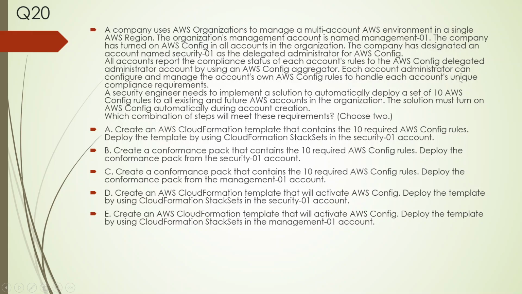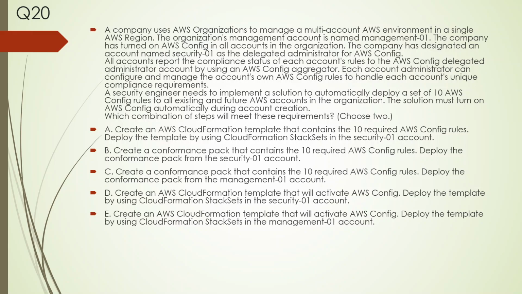Each account administrator can configure and manage the account's own AWS Config rules to handle each account's unique compliance requirements. A security engineer needs to implement a solution to automatically deploy 10 AWS Config rules to all existing and future accounts in the organization. The solution must turn on AWS Config automatically during account creation. Which combination of steps will meet this requirement? You need to choose two.